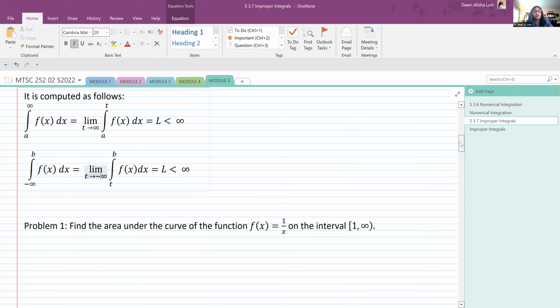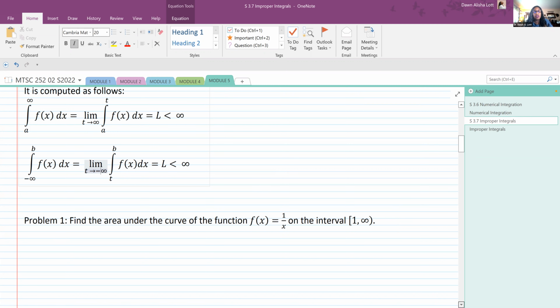Okay, so here is our first problem. And we're going to use this technique. It says find the area under the curve of the function f of x equal to 1 over x on the interval 1 to infinity. Okay, so let's draw this.